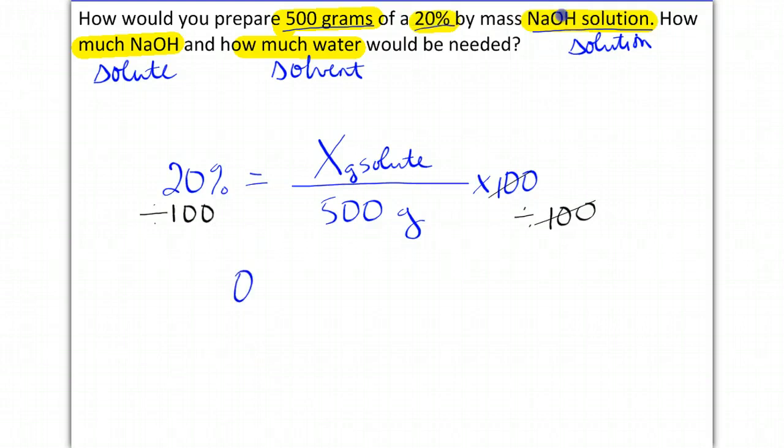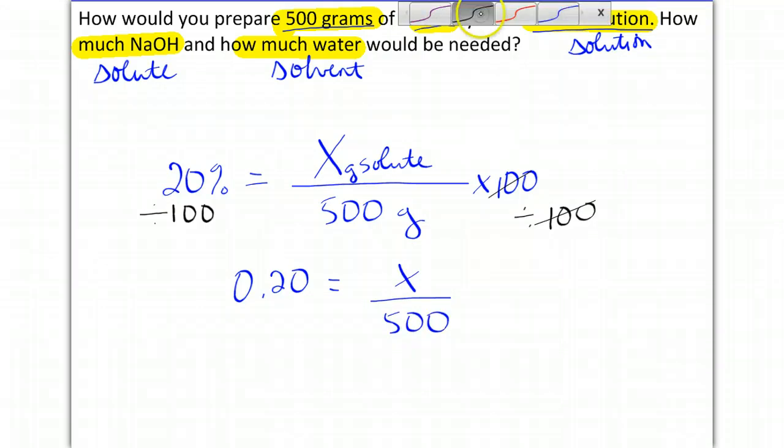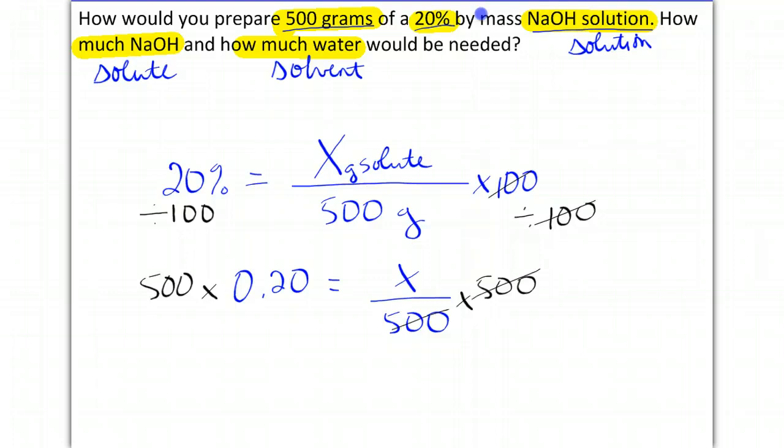And then we'll have 0.20 equals x over 500. And then we'll multiply both sides by 500, which will cause this to cancel, leaving me with x equals 100 grams. And that is the amount of our solute.